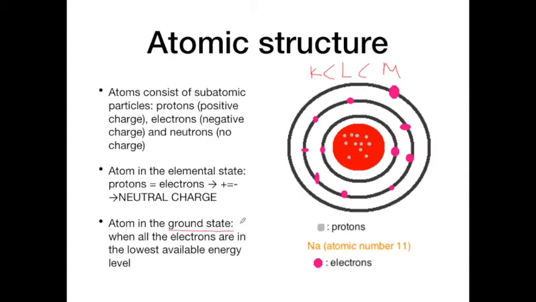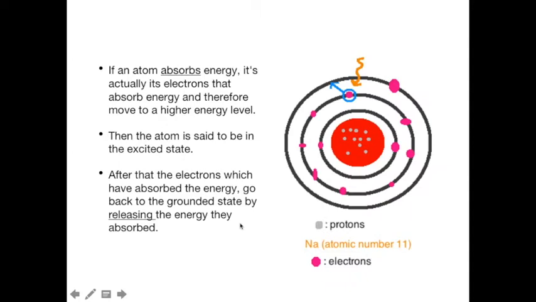But are there atoms that don't have all the electrons in the lowest available energy level? Of course there are. Let's say that an atom absorbs energy. Energy is in the form of photons, which means light, or little quanta of light. So let's say light hits an atom. The atom must absorb energy. How does it absorb? The electrons of the atom absorb this energy.